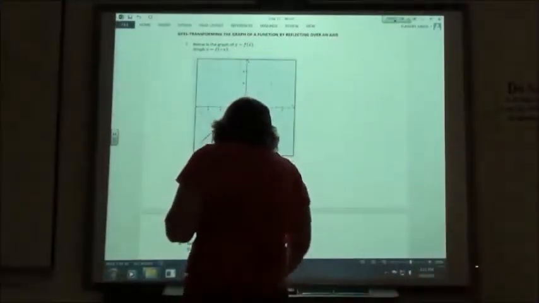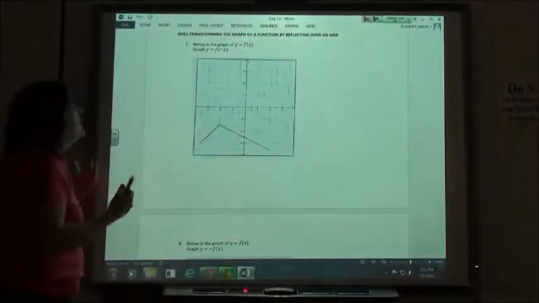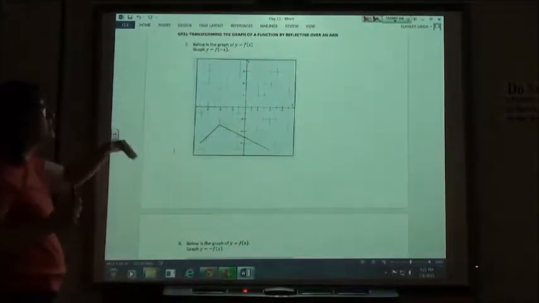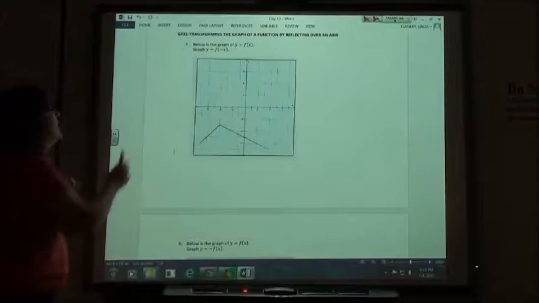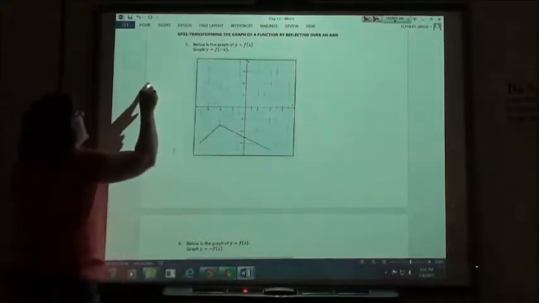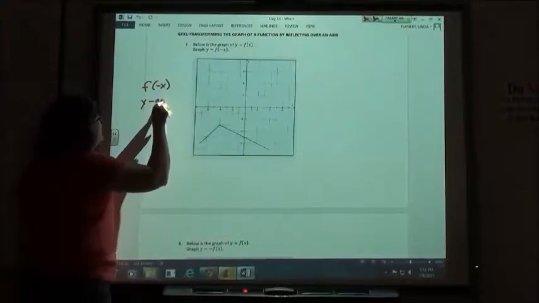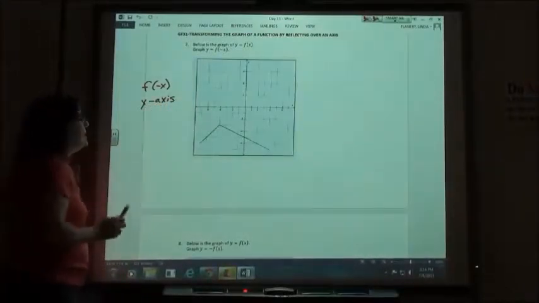So 7, 8, 9 are transforming the graph of a function by reflecting over an axis. Depending where the negative sign is, it's either going to reflect across the y-axis or across the x-axis. So if the negative is in the inside of parentheses with the x, that is going to reflect it across the y-axis.